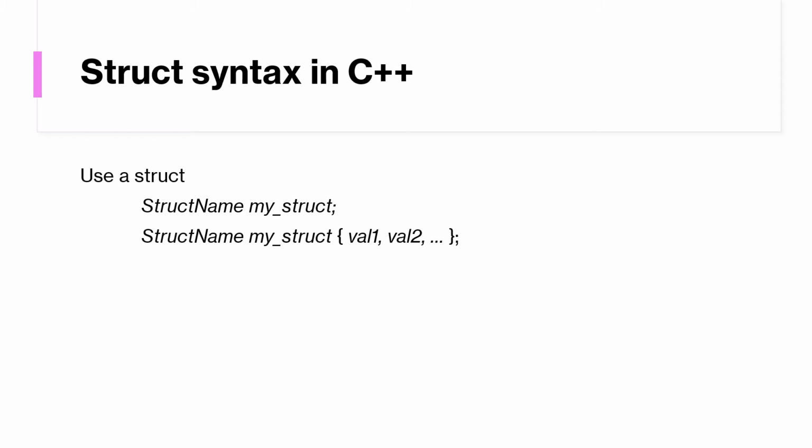If we have three values, a name and a quantity and a price, you can put my struct, open curly, a string for name, comma, an int for quantity, comma, and a double for price. Or, my struct.fieldName1 equals, and you give it a value. So we use what's called dot notation to access the fields of the struct, and you can just directly assign each one a value.